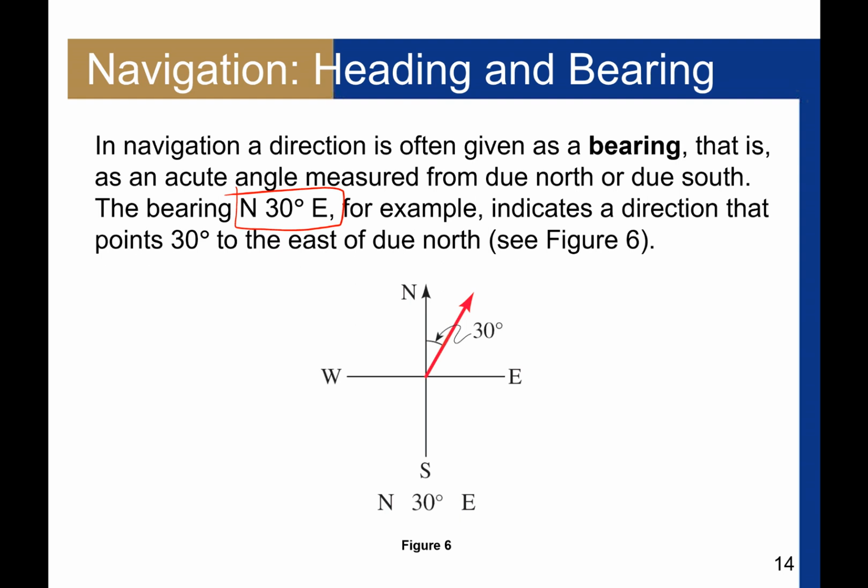Okay, so that's how you read bearing. Either we're measuring from due north or due south. We're going to go some angle off of due north or due south, and they're going to tell us if we're going east or west of that north-south line.